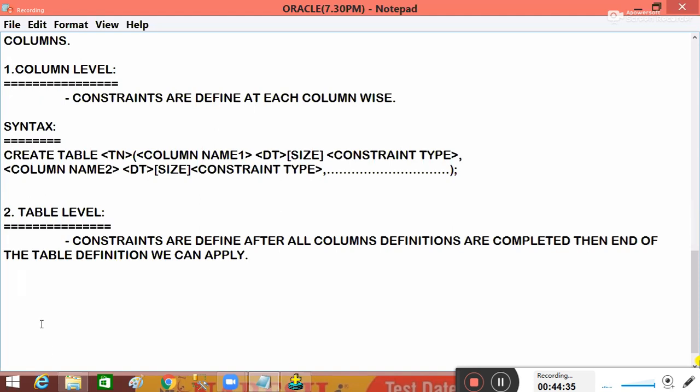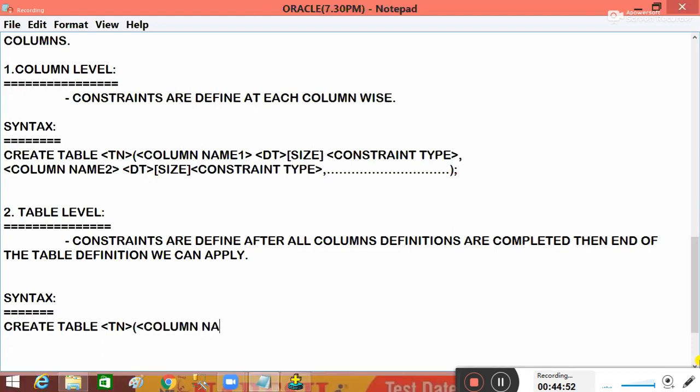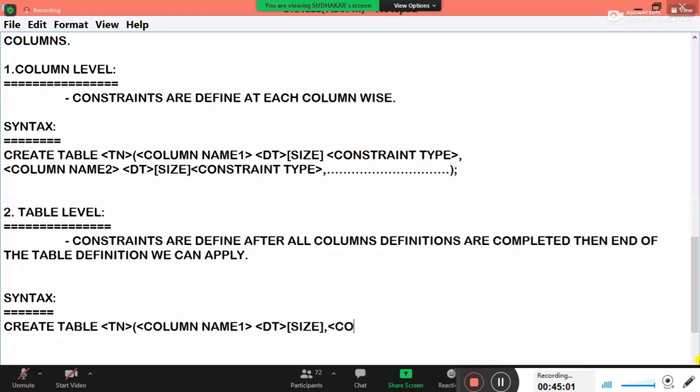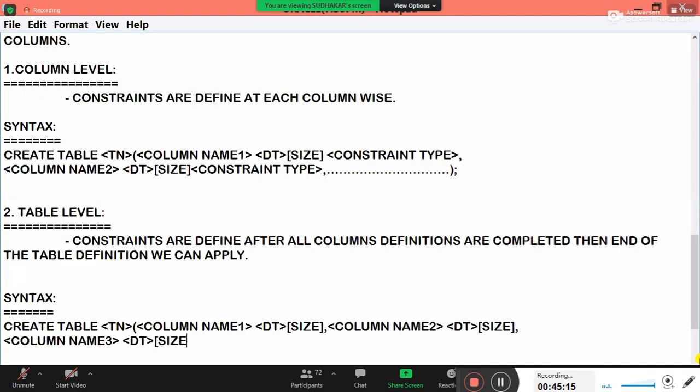Okay, now see the syntax. When you see the syntax you can understand. The syntax is: create table name, now we are sending column name 1, data type, if data type is required size, first column is over. Like this you can define all columns, column name 2, suitable data type size, column name 3, suitable data type and size.